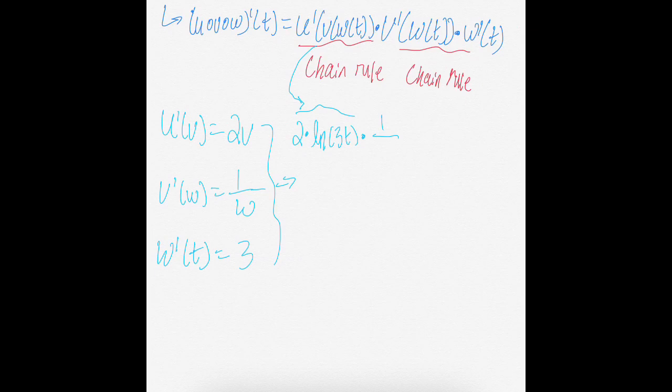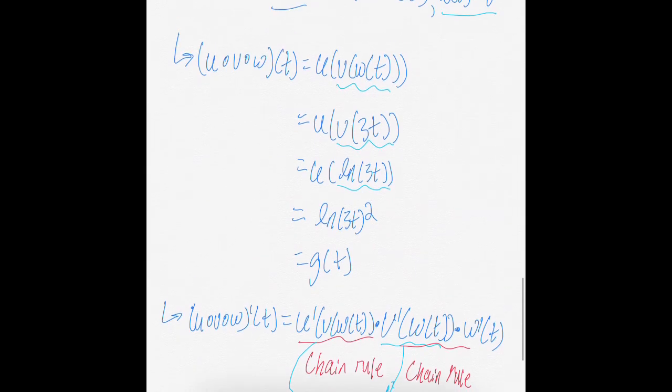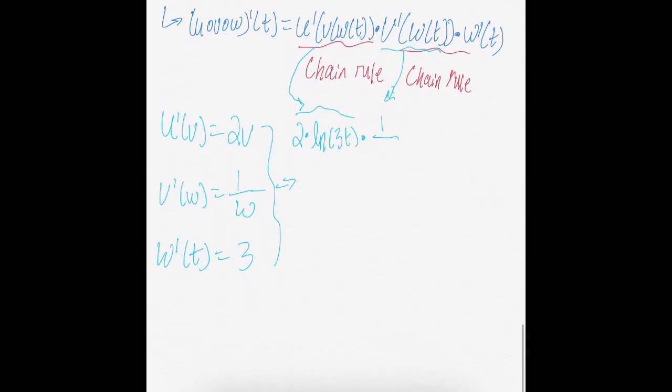So this guy corresponds to these two parts, and then this part here corresponds to this part here. So that says put 1 over, in this case, w of t, and w of t was 3t. So it says do 1 over 3t. And then w prime of t, that's this final part that we have to multiply by, and that is just 3.